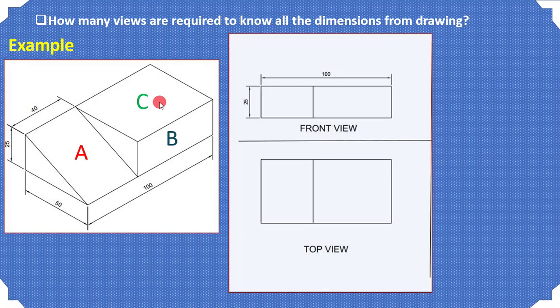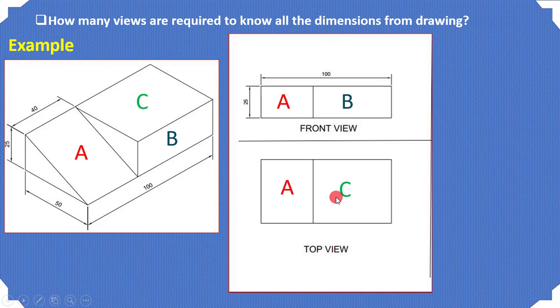If you draw the front view and the top view of this object, then in the front view we can see surface A as a rectangle. Surface B also appears as a rectangle. In the top view we are going to see surface A, which is shown here, and surface C will appear as a rectangle, which is shown here.